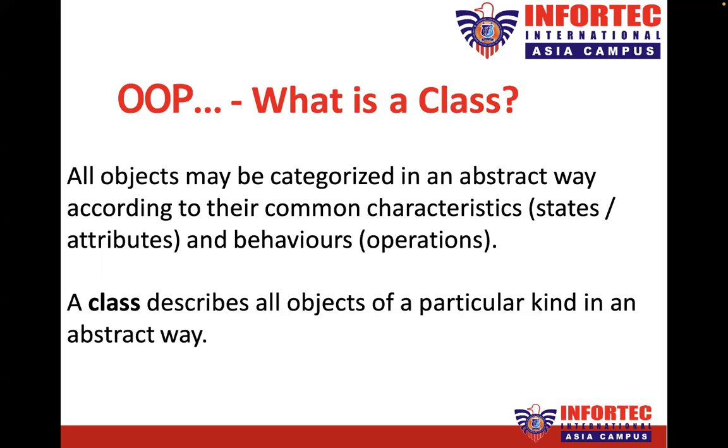All objects may be categorized in an abstract way according to their common characteristics and behaviors. So here we mainly focus on the characteristics, the data. If it is a class, everyone has the same category, everyone has the same behaviors.